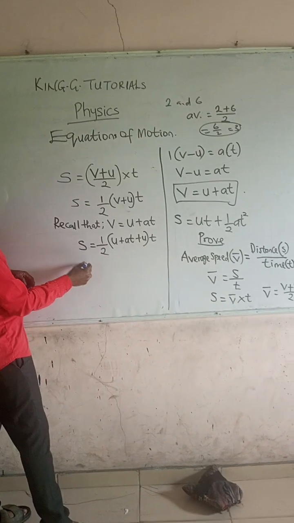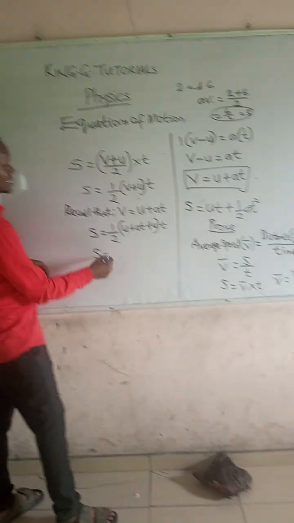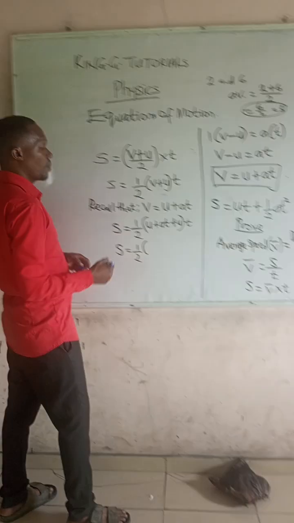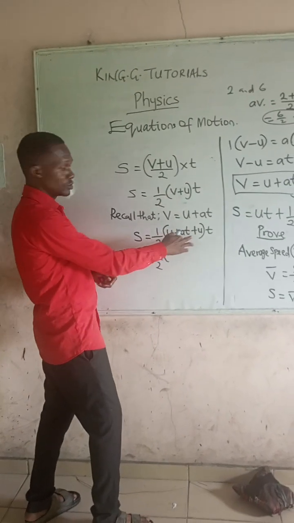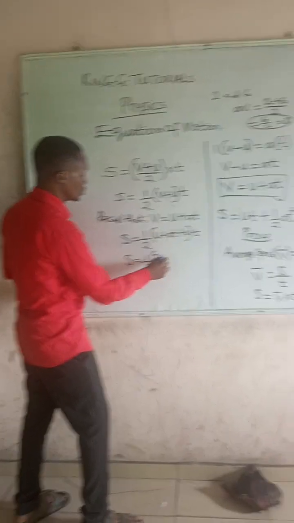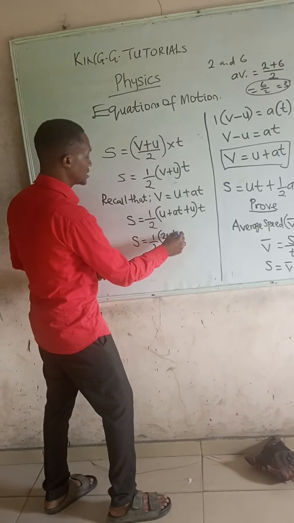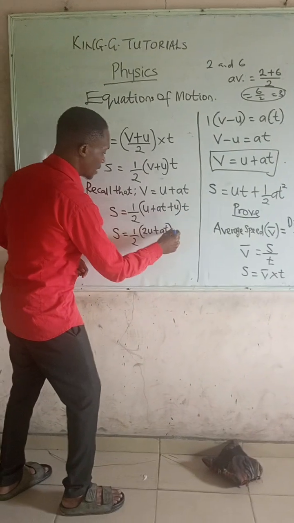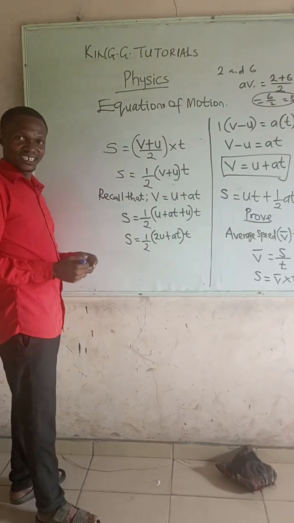So we continue. S, being my distance, equals 1 over 2, open bracket. How many U's here? 1 and 2, I have 2U. Then plus AT, then times the T outside. I hope you are following.